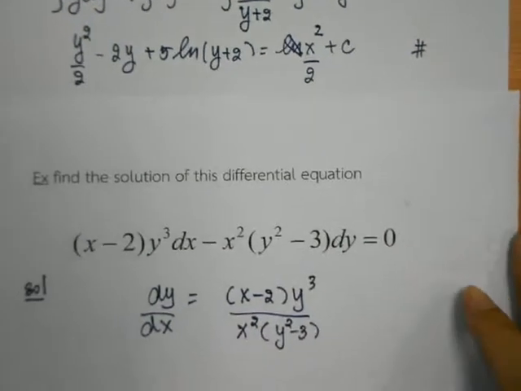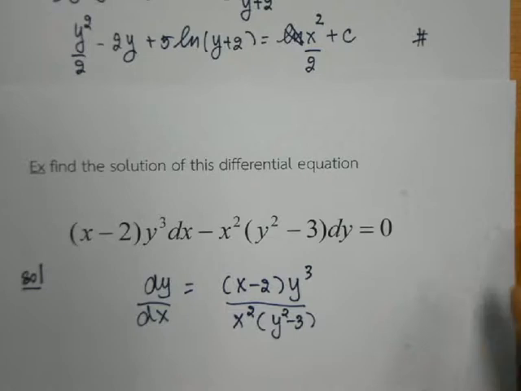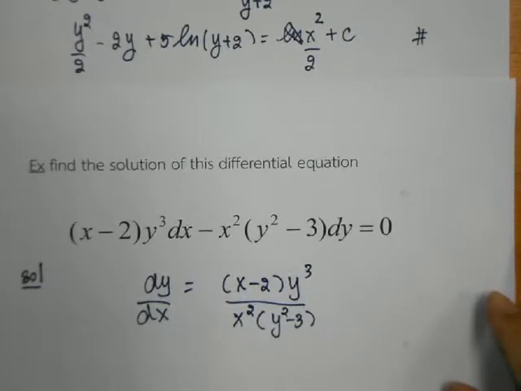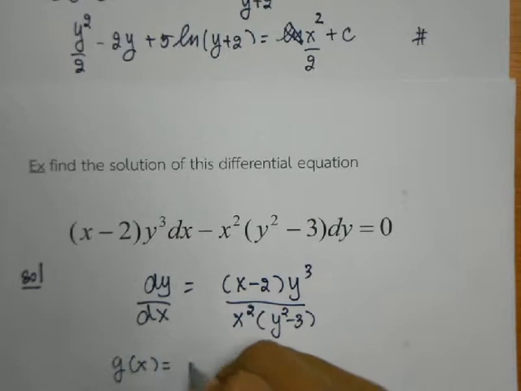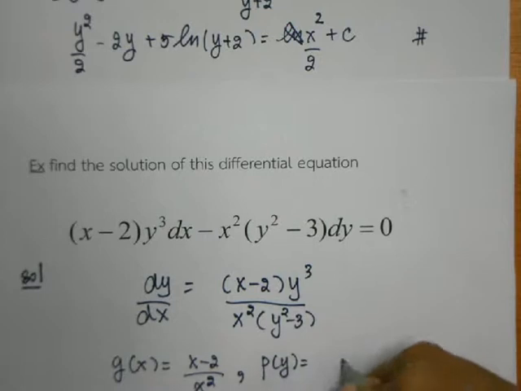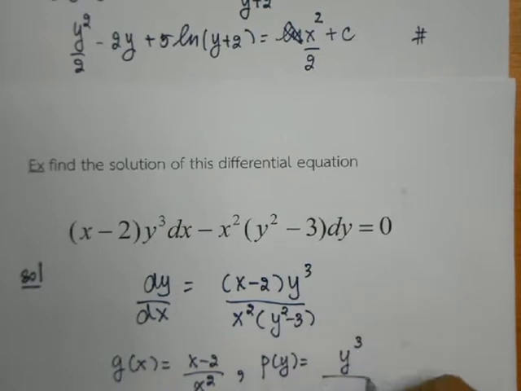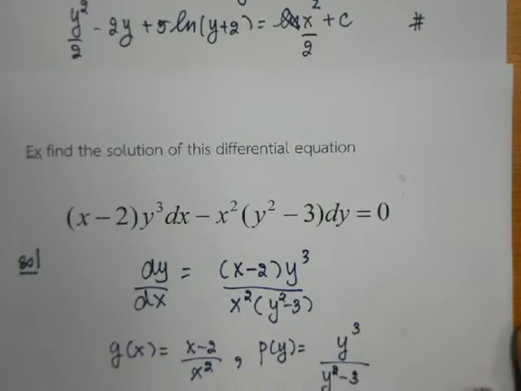Is it a separable equation? g(x) is equal to x minus 2 divided by x squared, and p(y) is equal to y to the power of 3, right?